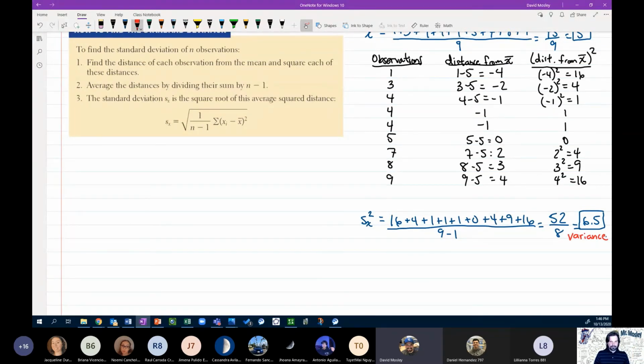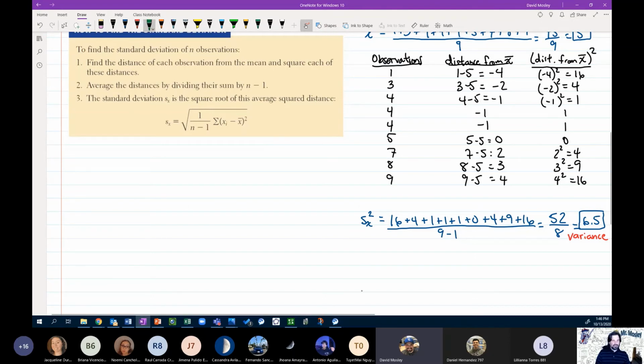All right? Now we have our variance. So that was step 2, average the distances by dividing their sum by n minus 1. Done with that. Step 3, standard deviation s sub x is the square root of the average squared distance, which is the square root of the variance.